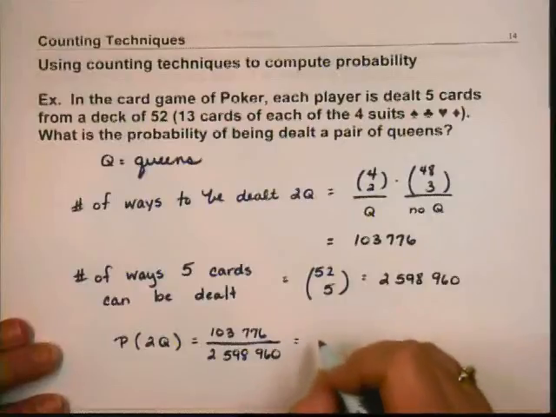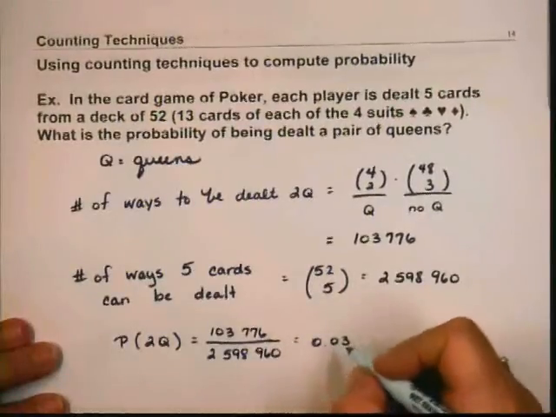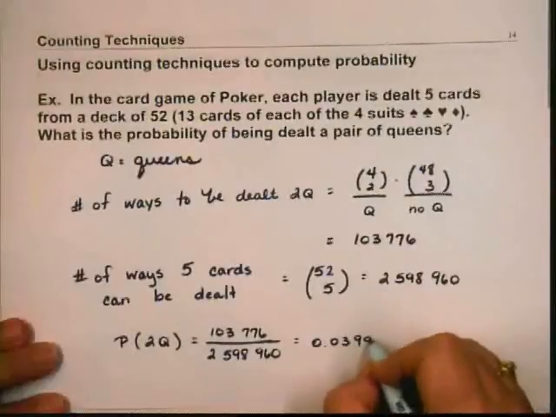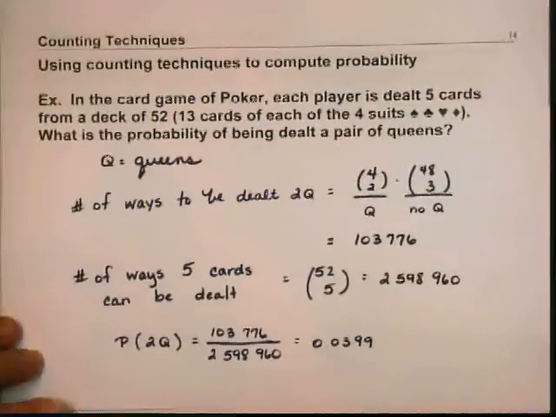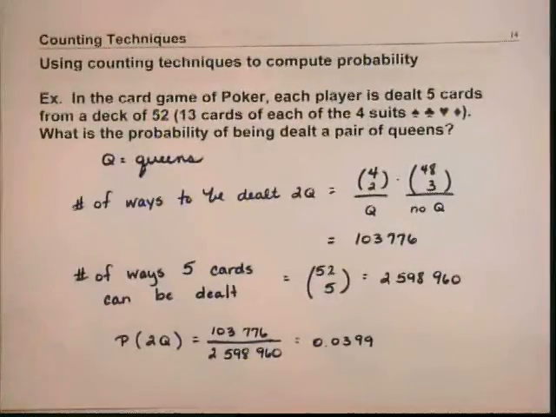And when I divided that, I got 0.0399. We could go on some more, to 4 decimal places. So not just specific to queens, but for any single pair, your probability of drawing a pair is 0.0399.